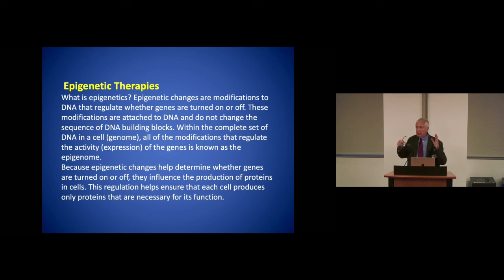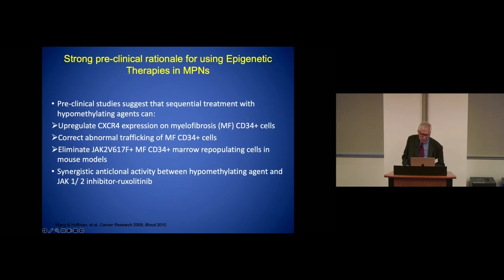So they don't involve mutations, but they involve changes in conformation of the DNA that essentially affect gene expression. This is an important target of therapy, and in myelodysplastic syndromes, it has led to the approval of the standard of care. So there's strong preclinical rationale for using epigenetic therapies.